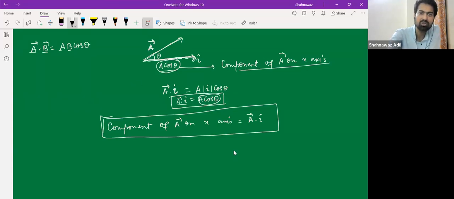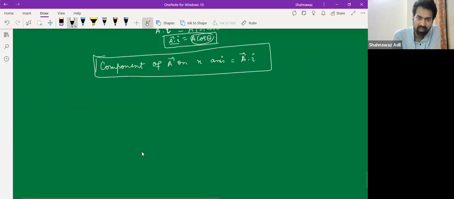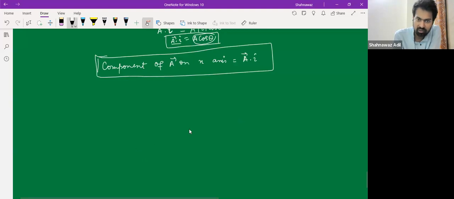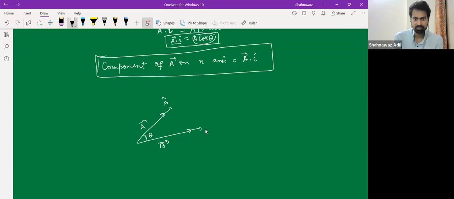But what I want to calculate now is that I have two vectors. This is vector B. This is vector A. So this direction is A hat. And what is this direction? B cap.